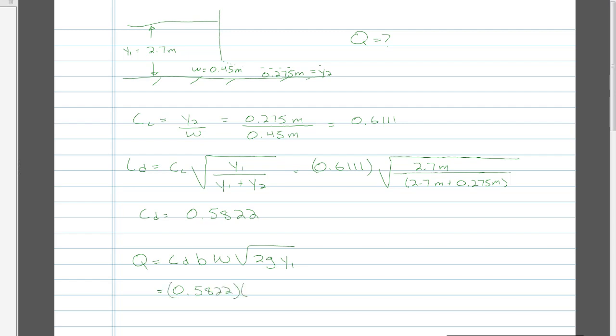The width of the channel is 1.5 meters. The gate height opening is 0.45 meters. Square root of 2 times 9.81 meters per second squared. And the upstream depth of 2.7 meters.